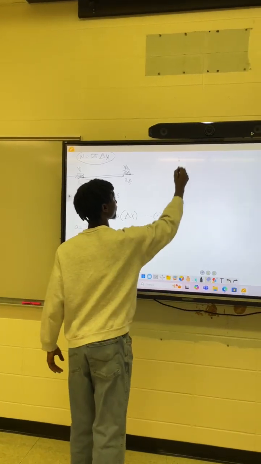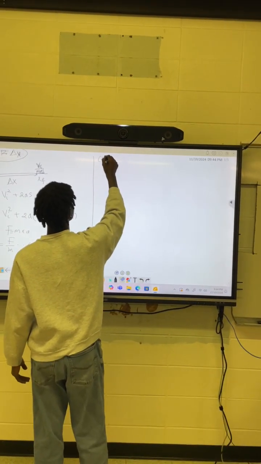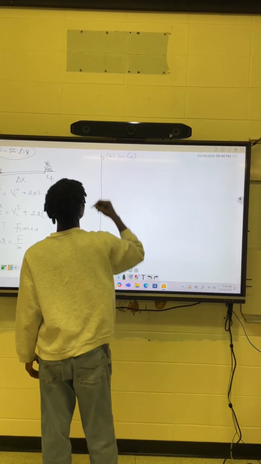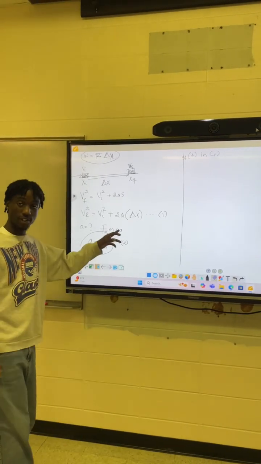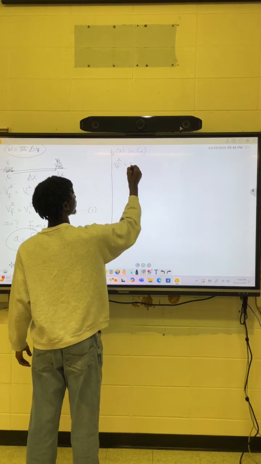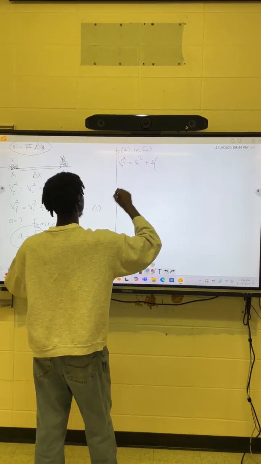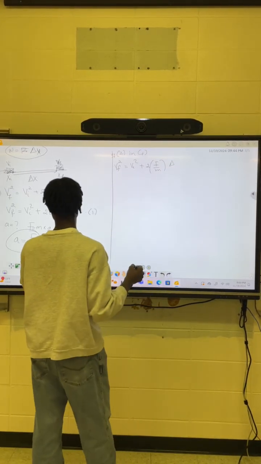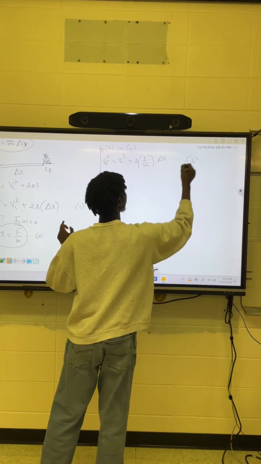So now we substitute equation 2 into equation 1. If we put this acceleration into our equation, we get v final squared is equal to v initial squared plus 2 force over mass times the change in displacement. This is theory.